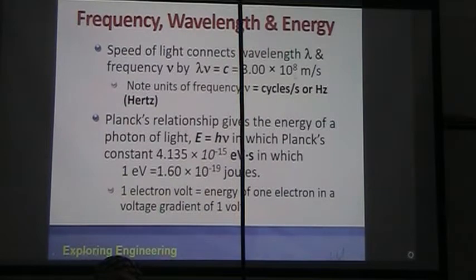So, nu equals cycles per second, or hertz. Hertz was a German physicist, so he got the cycles per second named after him.